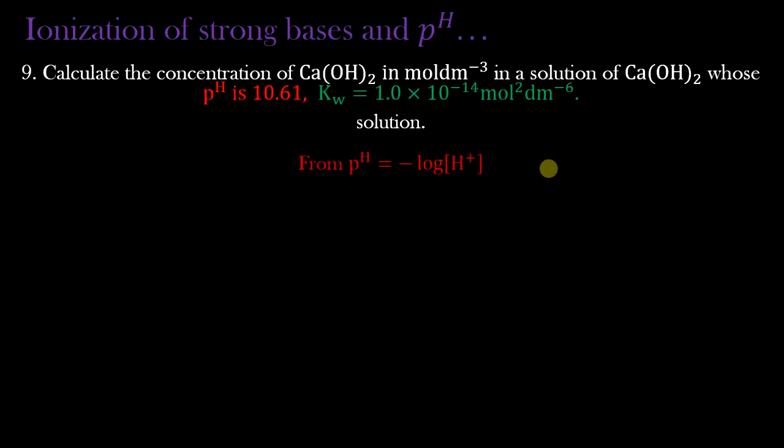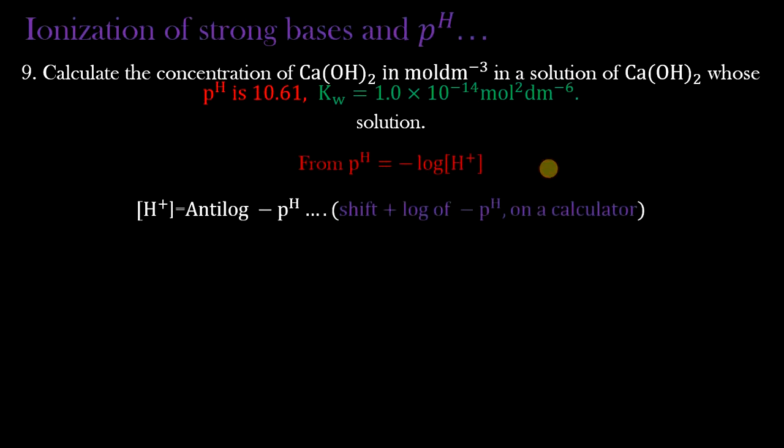So if we have that, using the dissociation equation or ionization equation of calcium hydroxide, we can relate the molar concentration of hydroxyl ion with that of calcium hydroxide, so that we obtain the concentration of calcium hydroxide at that pH.